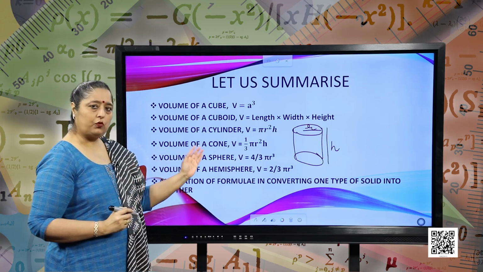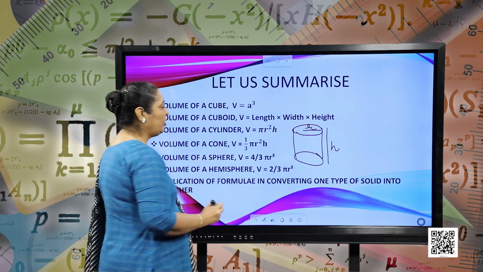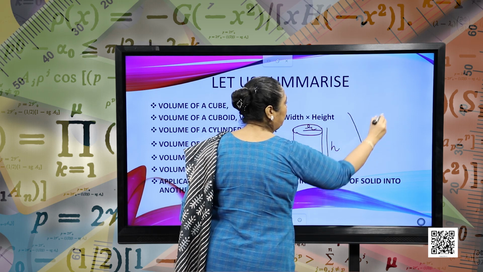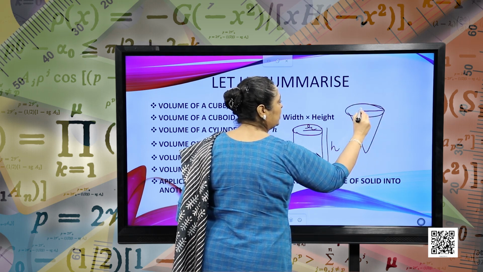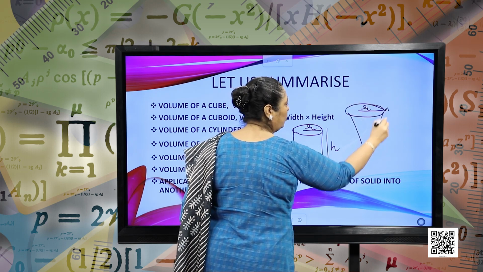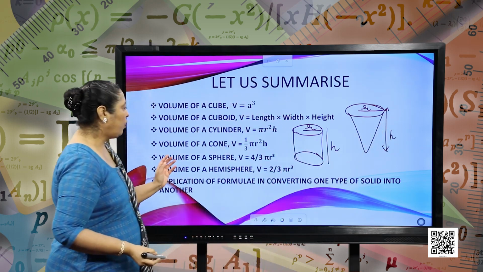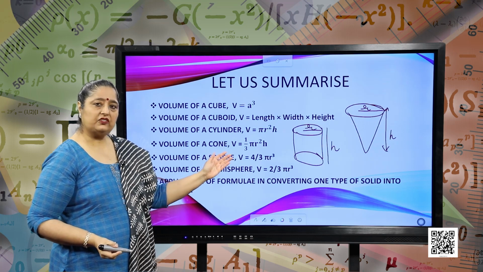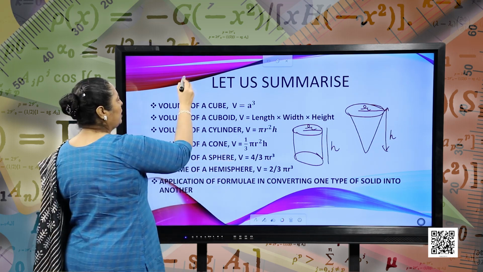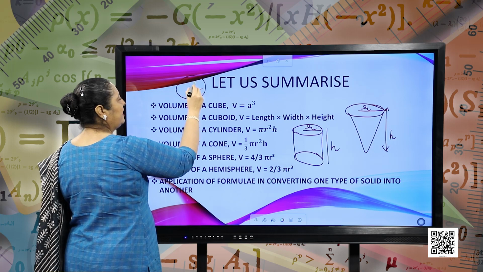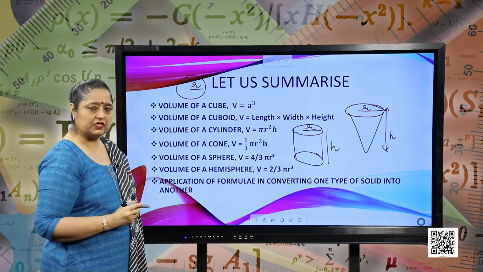Similarly, volume of cone can be given as V is equal to 1 by 3 pi r square h, where r is the radius of the cone and h is the height of the cone. Also, volume of the sphere is 4 by 3 pi r cube, where r is the radius of the sphere.